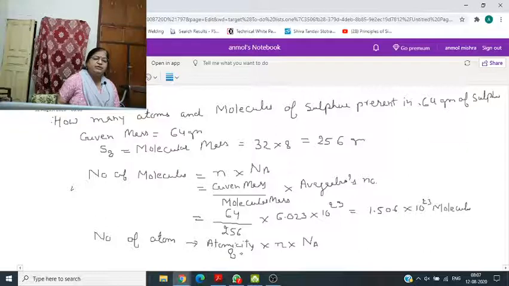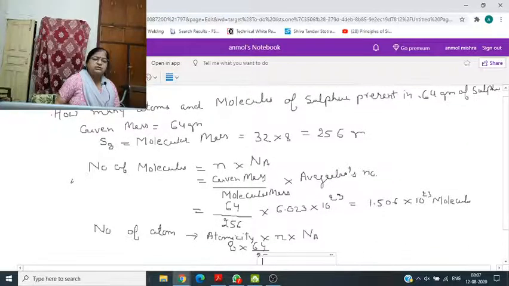So multiply the value by 8: 64 by 256 into 6.023 into 10 to the power 23.